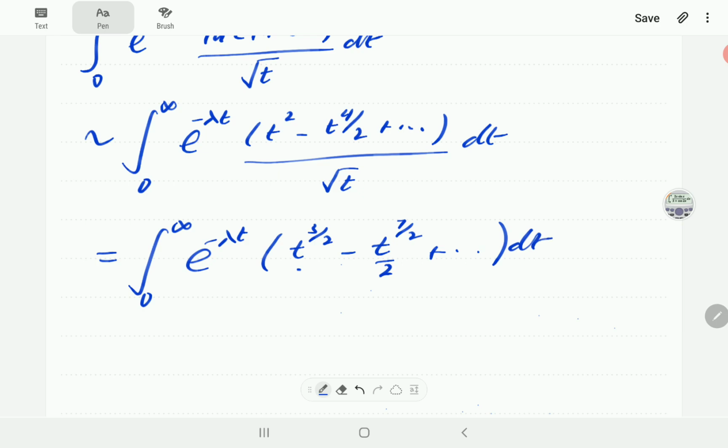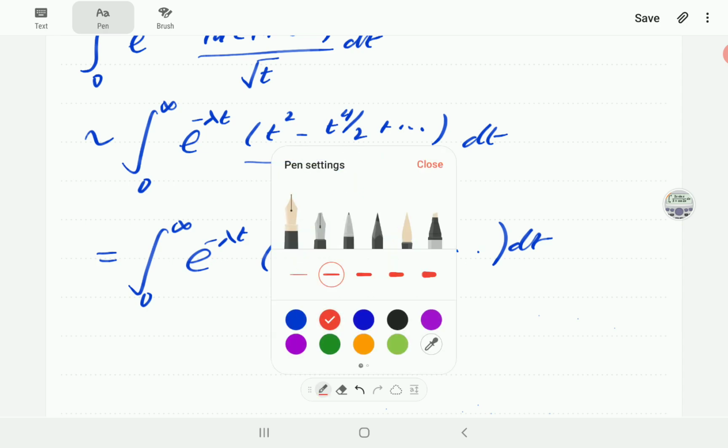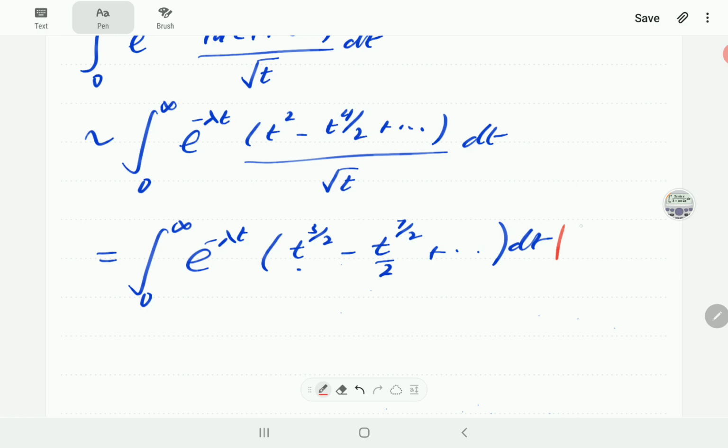Then we are going to do the standard substitution. So we are going to set u to be lambda t.